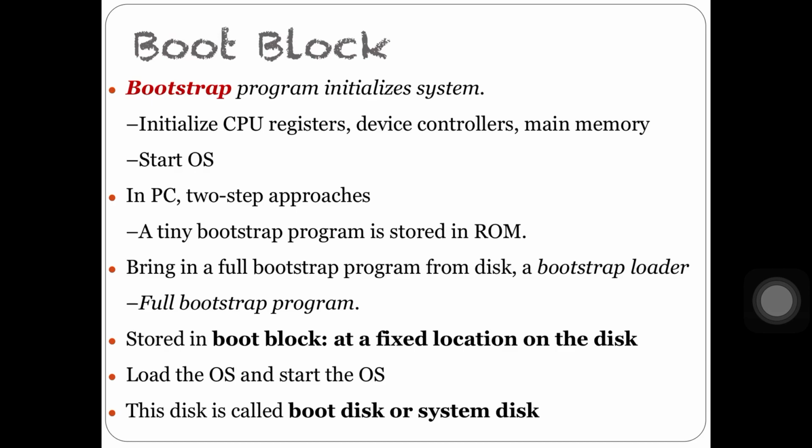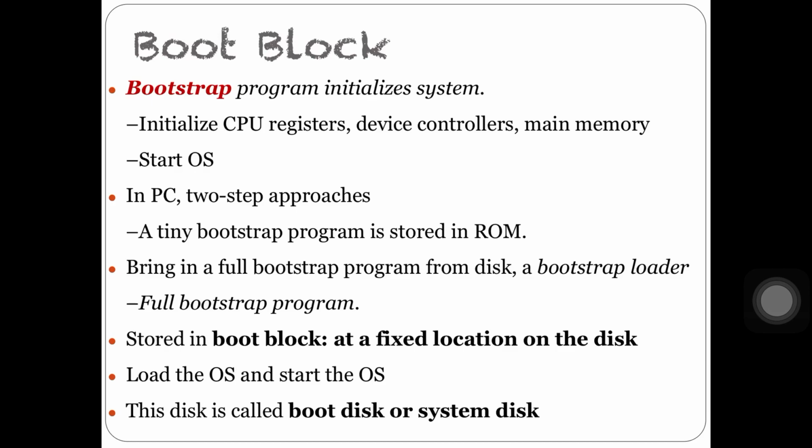Next we will see boot block. So we all know that for a computer to start running, for example, whenever we switch on the power or the computer is rebooted, it needs to have an initial program to run. This initial program is called bootstrap, and it is very simple.